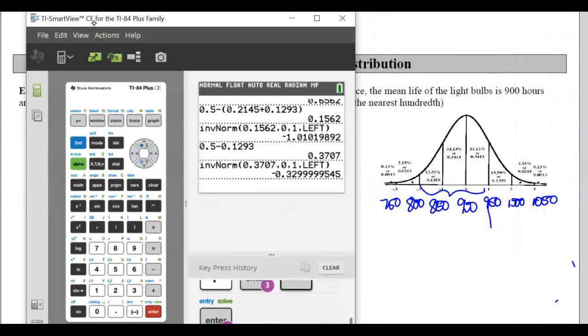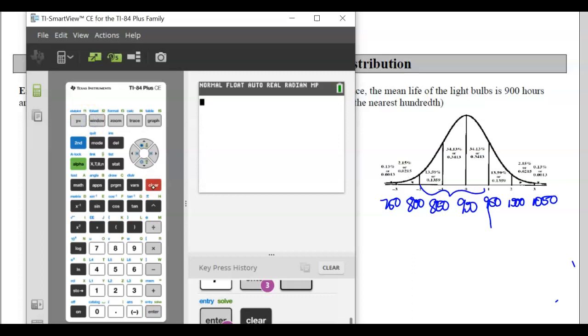So that's going to be 13.59 plus 2 times 34.13. So 81.85%.